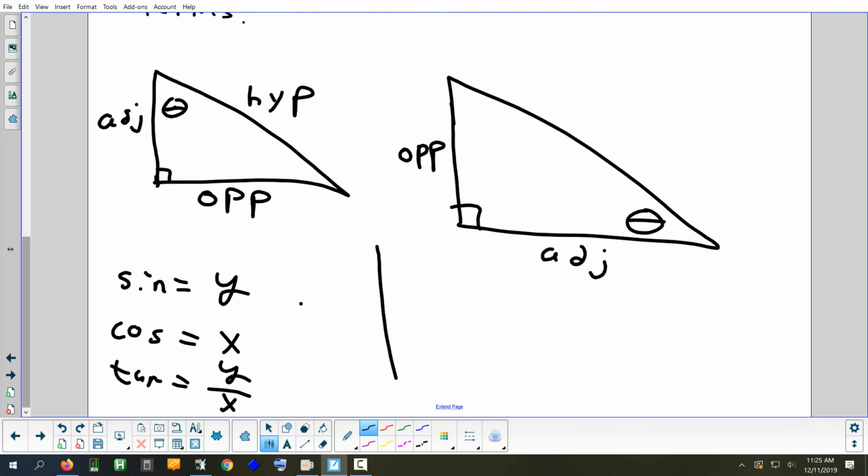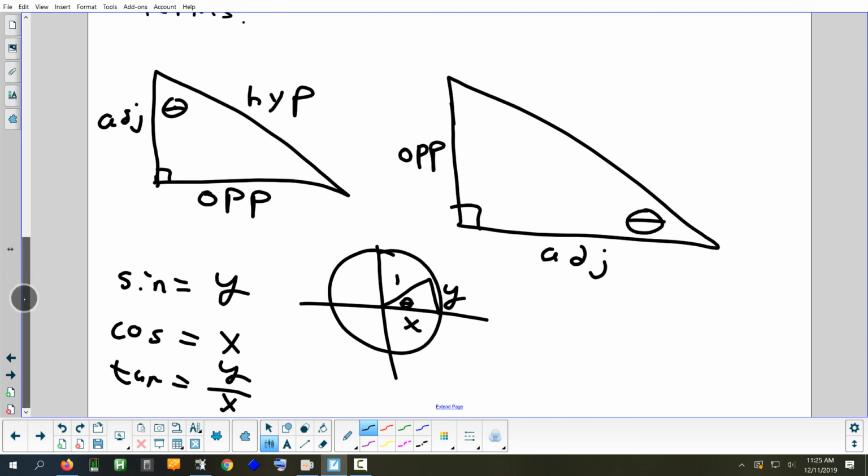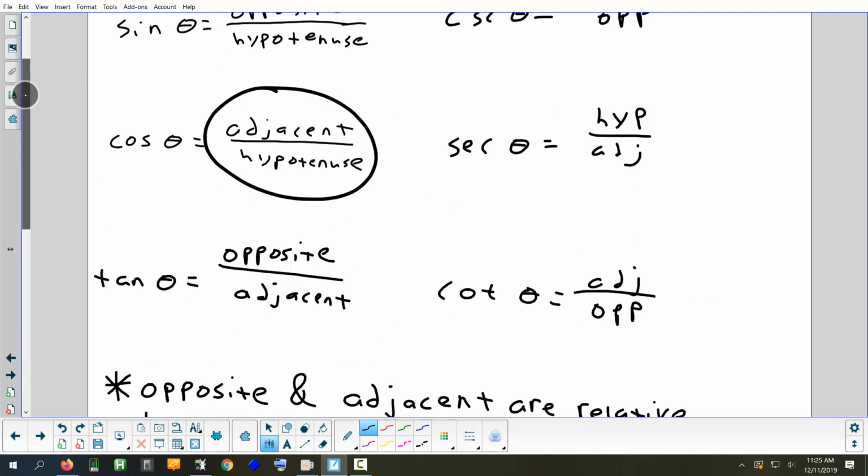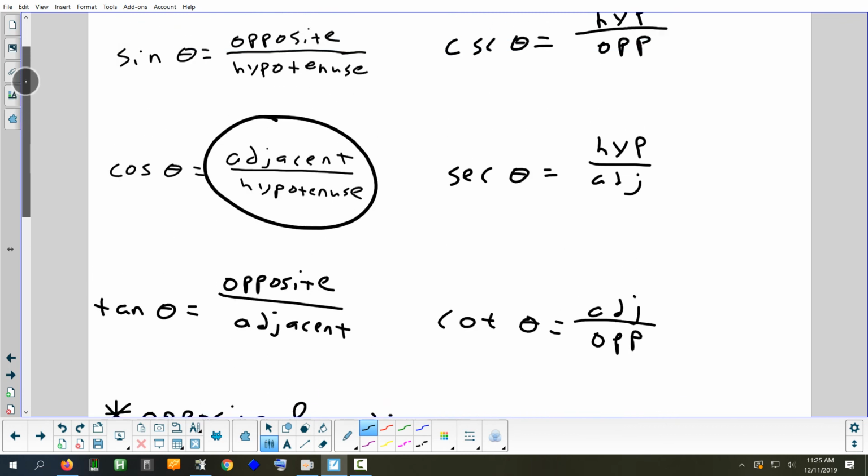Well, draw a diagram, make a triangle, call this side x, this side y, and that side your hypotenuse, which actually in a unit circle is how long? 1. Okay. Let's use the definitions I just explained and see what happens.